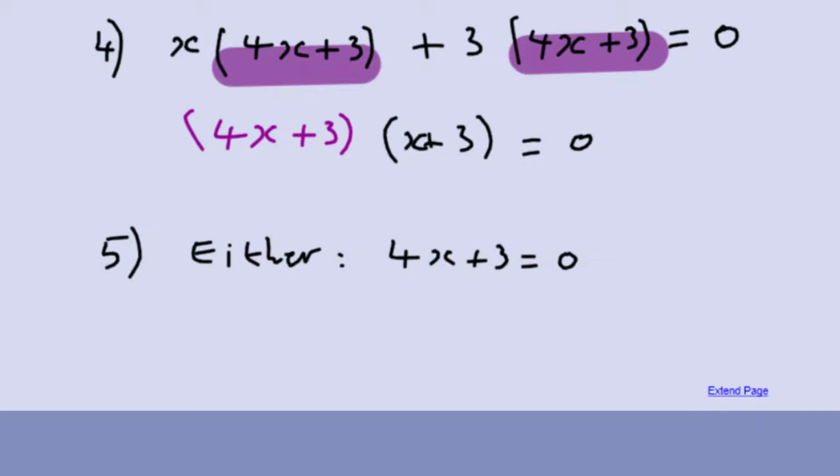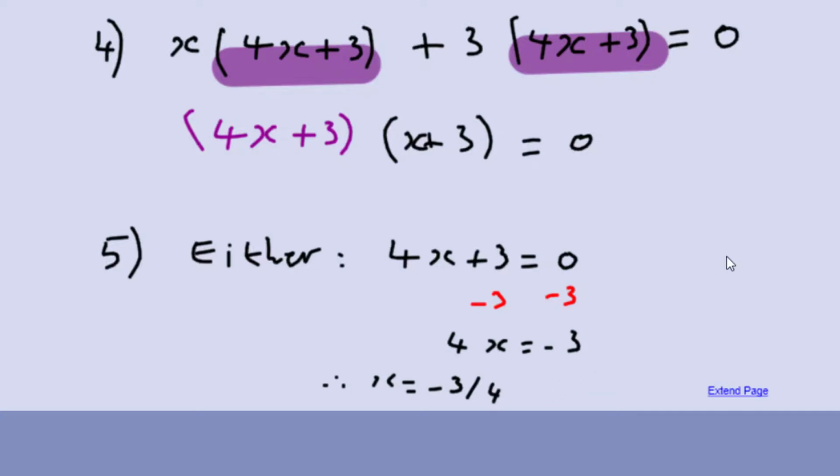We solve by doing the opposite, getting rid of plus 3 by doing minus 3 on both sides to keep the balance. So we end up with 4x on the left hand side equals minus 3. Again, the opposite of timesing by 4 is dividing by 4. So dividing both sides by 4, the first root or first solution is x equals minus 3 over 4.